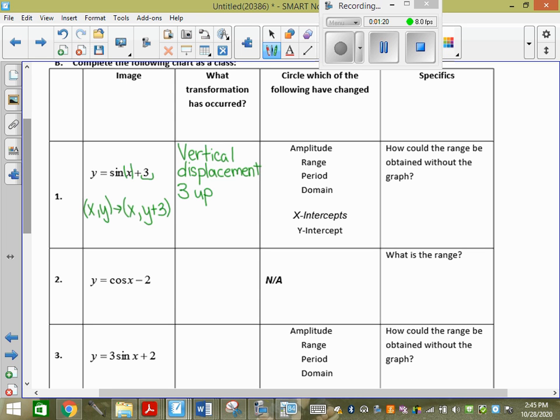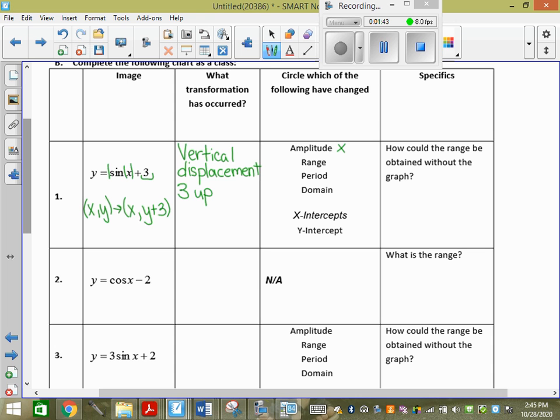Pull it up or squish it down? Vertical stretch. Vertical stretch is the only thing that's going to affect my amplitude. Remember, the amplitude is the absolute value of A in your equation, right? Did my A change at all in here? My A is 1. So my amplitude did not change.